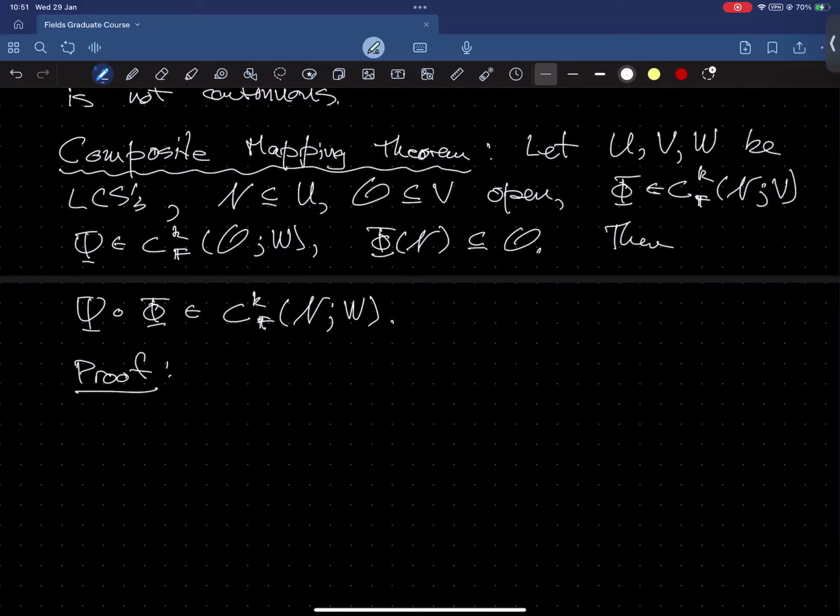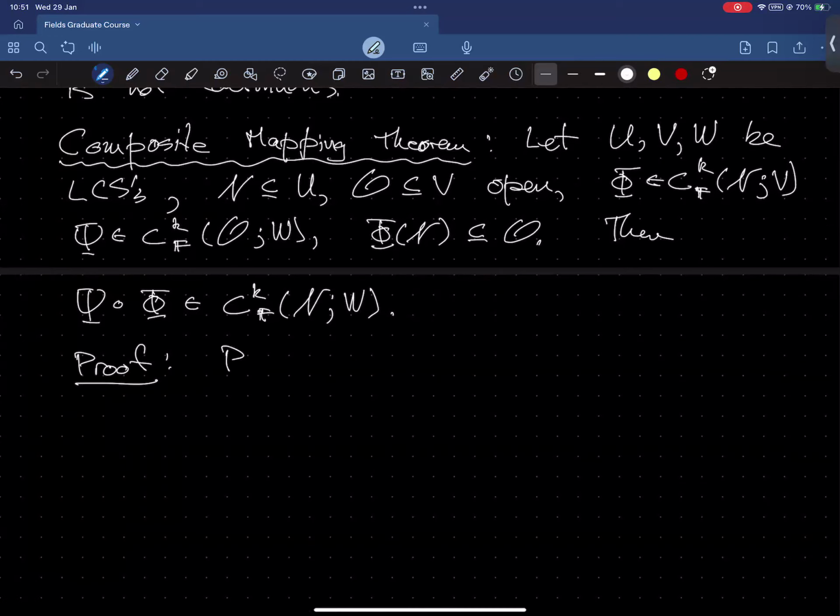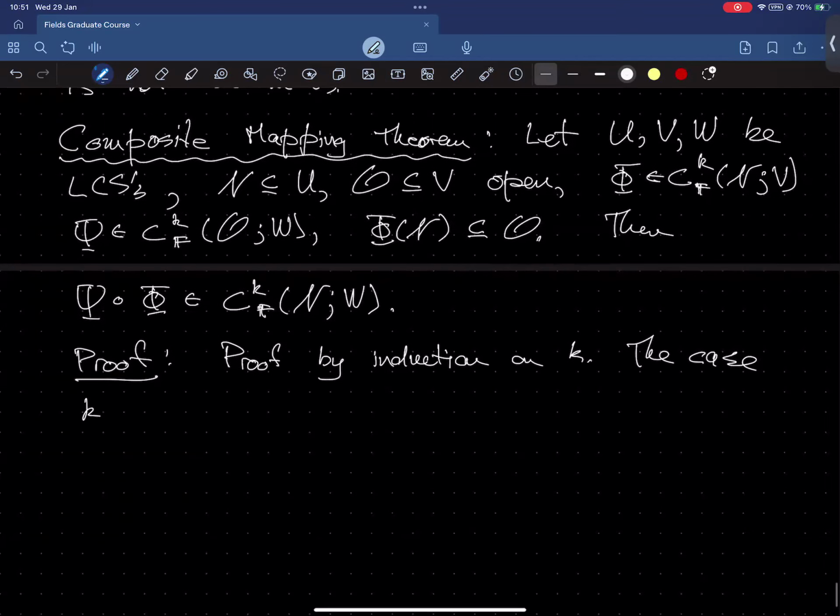Okay, so we prove this by induction on K. So the base case, K equals 1, is the chain rule, which we proved a couple lectures ago.